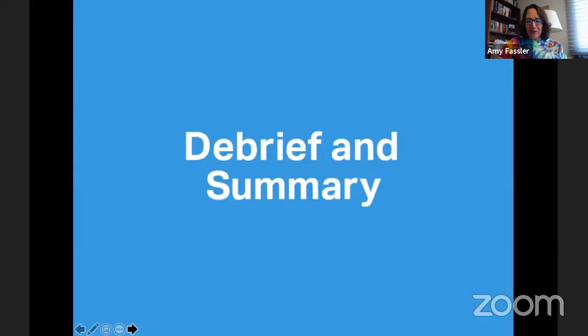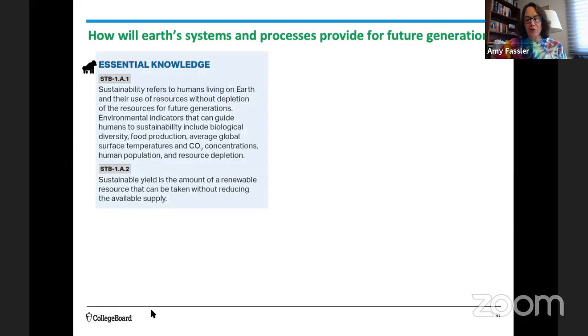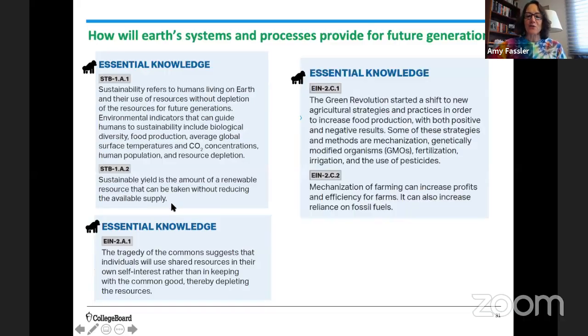All right, let's do a little debrief and summary. Go back to that original question that we looked at the beginning. How will Earth systems and processes provide for future generations? So we had those learning targets about what is sustainability and the idea of sustainable yield. We looked at tragedy of the commons and related that to sustainable resource use.